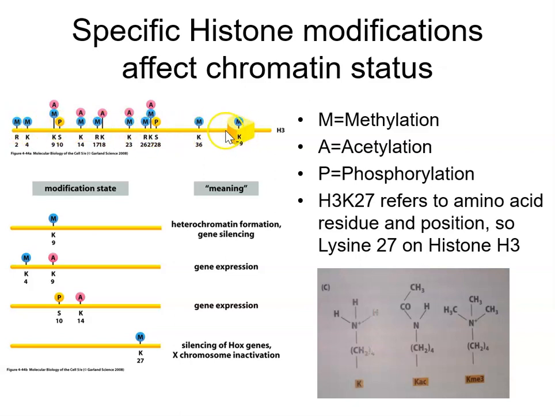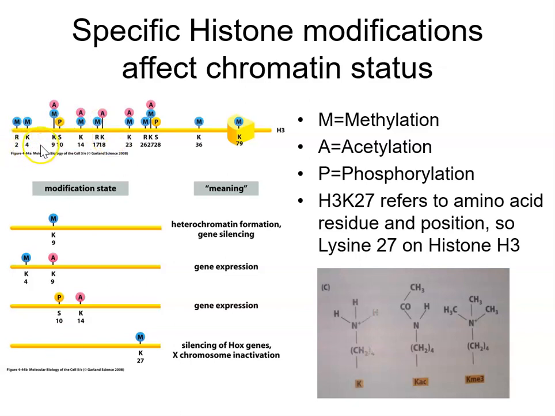So over 40 amino acids stick out as a tail out of the histone core, the nucleosome, I should say. And all of these sites here can be modified by a post-translational modification. A post-translational modification is where you've got the translated protein that is produced, and then you can start modifying those amino acid residues with different groups.